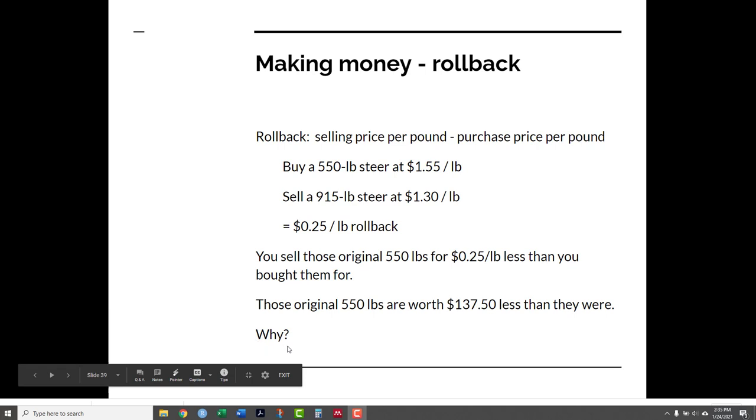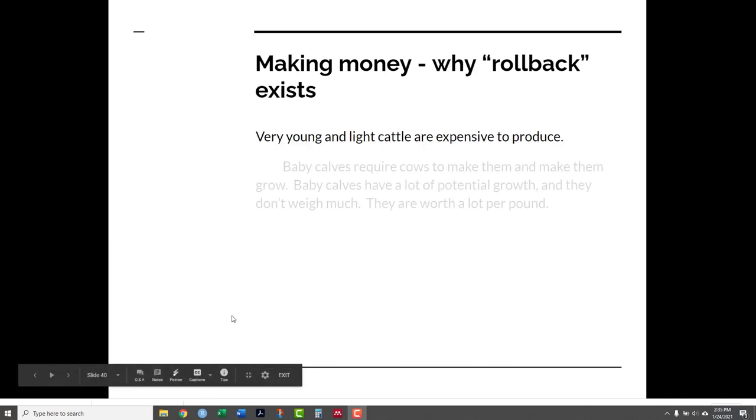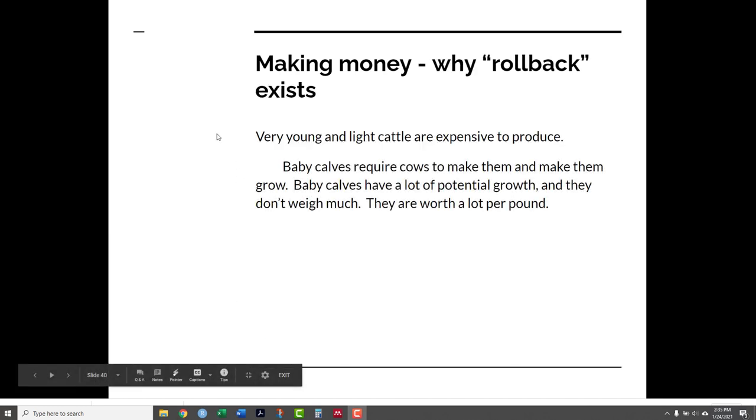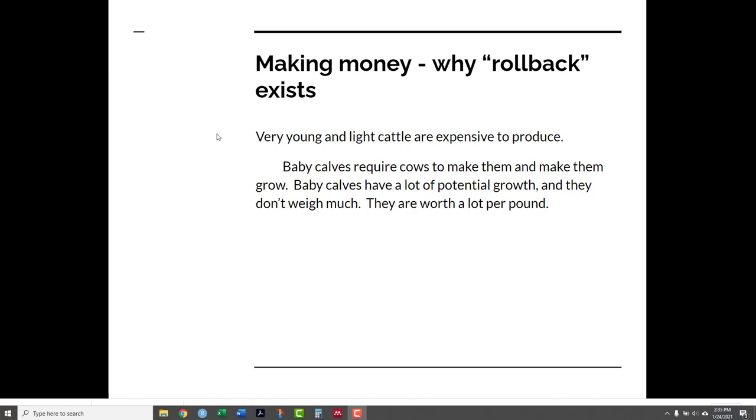Now let's go through a little bit of a discussion, biologically and economically. Why does rollback happen in the cattle market? One way to think about it is that very young, very lightweight cattle are expensive to produce.